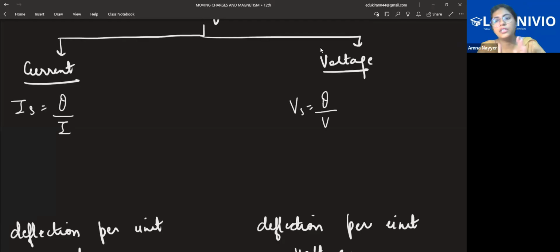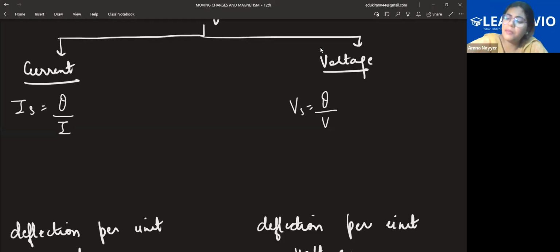Firstly, we have current sensitivity, and then we have the voltage sensitivity. So what is meant by current sensitivity? Current sensitivity is particularly related to your current. That is, you have a deflection which is present. It is showing you that yes, a small amount of current is present, but that is not letting us know the exact value.